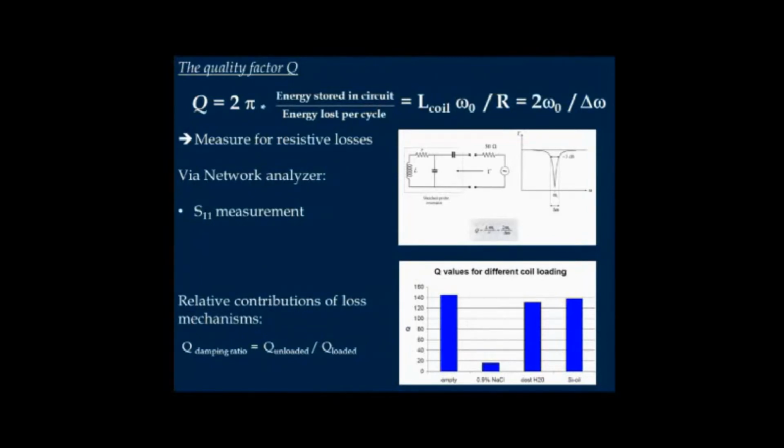At the resonance frequency, you will have an absorption. If you then take the half width of the absorption peak, or simply the line width, you will get a measure for the quality of your coil. This measure should not be taken absolutely, at least the values are not absolute. More reliable are relative contributions.